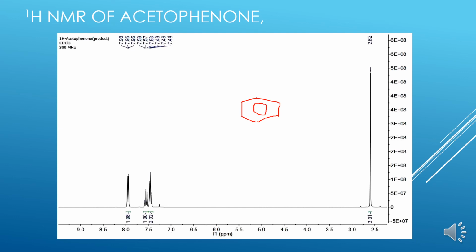C6H5, C double bond O, CH3. This molecule has two different types of protons: one is alkyl group protons, another one is aryl group protons.